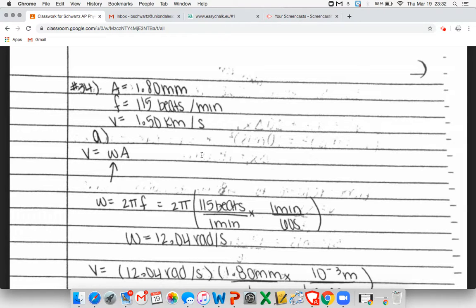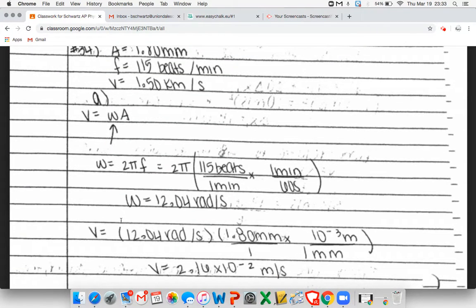So first thing that I did is I wanted to solve for what my angular frequency was. And based on chapter 13, we know this formula, omega equals 2 pi f. So plugging in 2 pi, you have to convert your frequency like we said. So 115 beats per minute, you need to convert to seconds. And if you do this correctly, you'll end up with your omega being 12.04 radians per second.